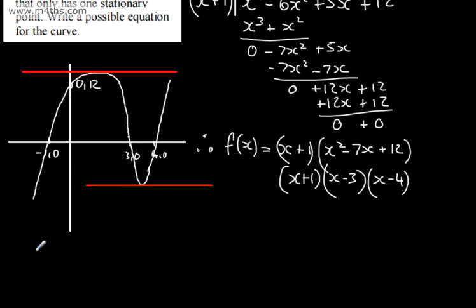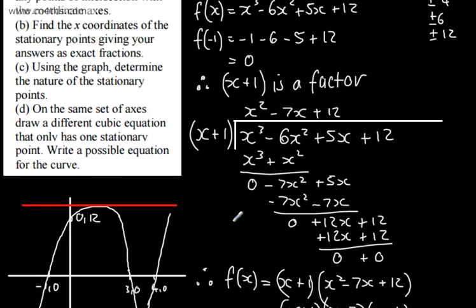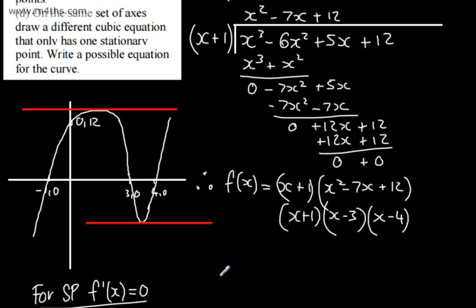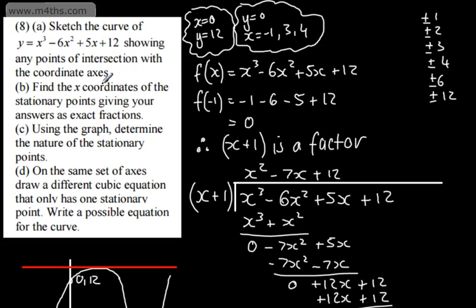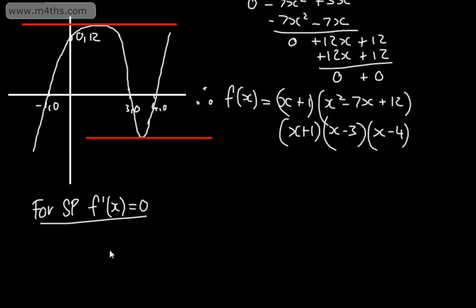So what I'm going to write then is for SP, we've got f dashed of x is going to be equal to 0. Or, since we're using y, dy dx is equal to 0.